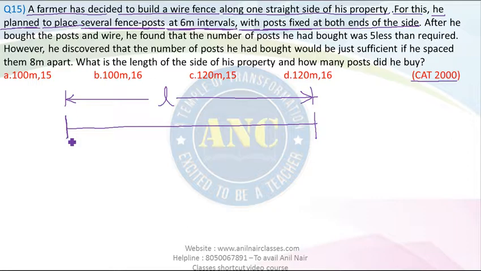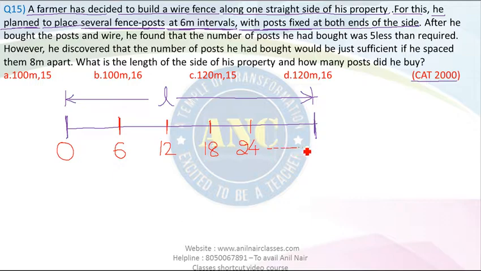At this end also there should be one post. At the other end also there should be one post, right? That is what the farmer is planning. That means, can I say that this is my 0th position? He wants to place a post at position 6, one more post at position 12, one more at position 18, one more at position 24.